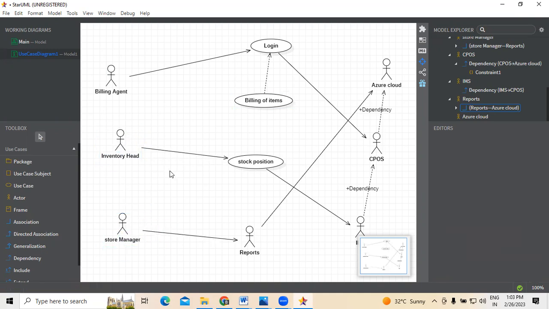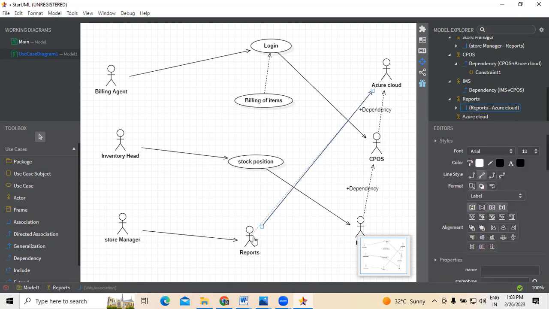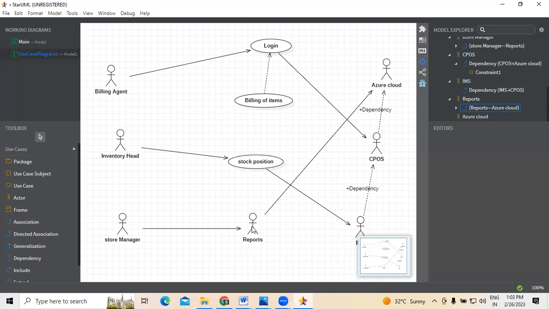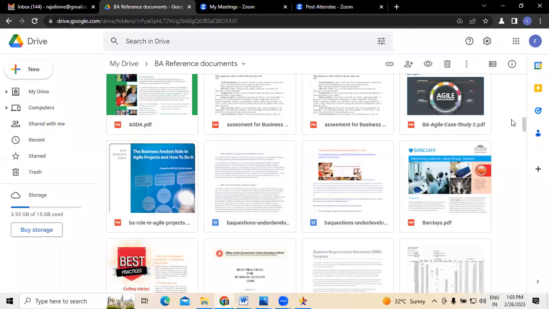Because if you want to prepare a sequence diagram, there is a similarity you can see from use cases. Use case diagram and all, where sequences, what are the sequences? This one we have explained it, right?